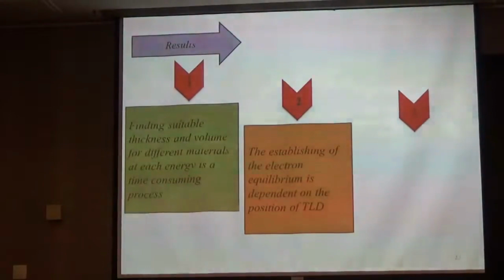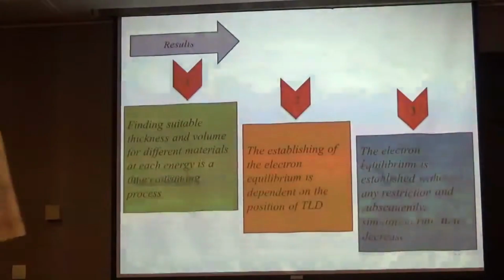For example, if the phantom is irradiated from AP, the electron equilibrium is established just for the back TLD. In the third method, the electron equilibrium is established without any restriction, and subsequently the simulation runtime decreases. Therefore, this method is the best.